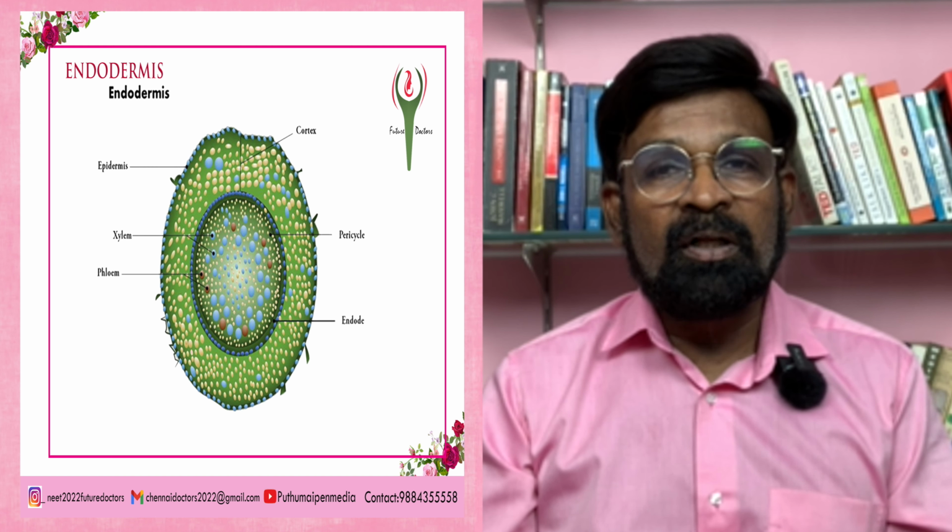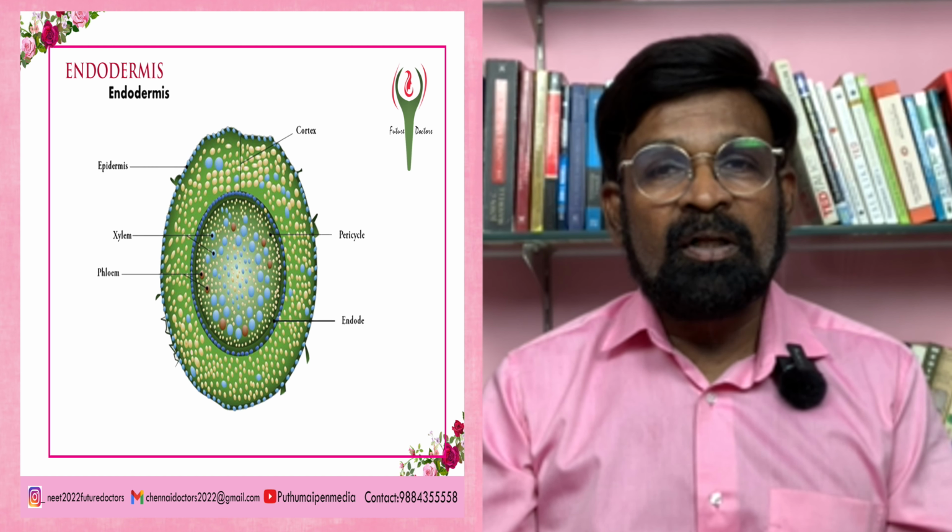Next to the endodermis lies a layer of thick-walled parenchymatous cells referred to as the pericycle. The initiation of lateral roots and vascular cambium during secondary growth takes place in these cells.